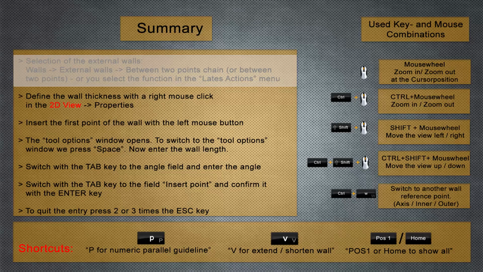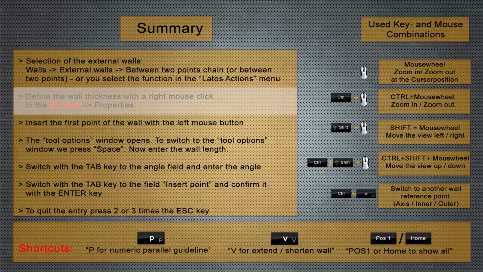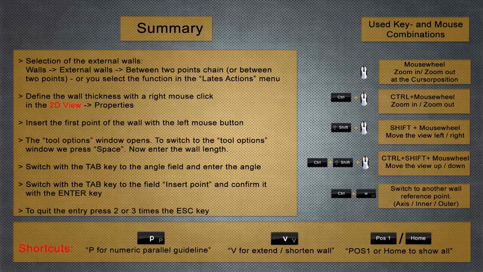If we already have used this function in the current project, we can also select the function in the latest actions menu. After it, we define the wall thickness with a right mouse click into the 2D view. Then we select Properties.